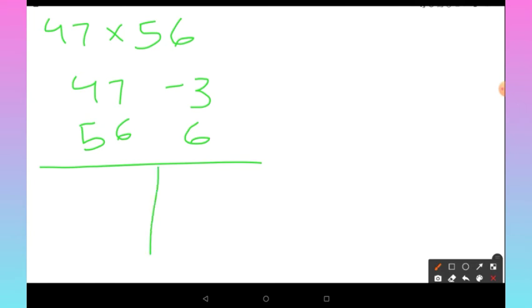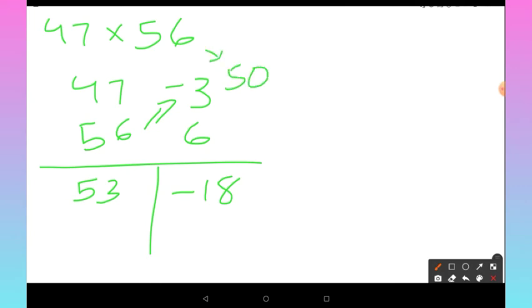I am going with 56 minus 3, so you will get 53. And minus 3 into 6 gives minus 18. Our base is 50.